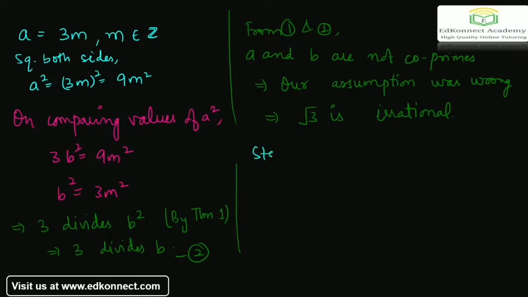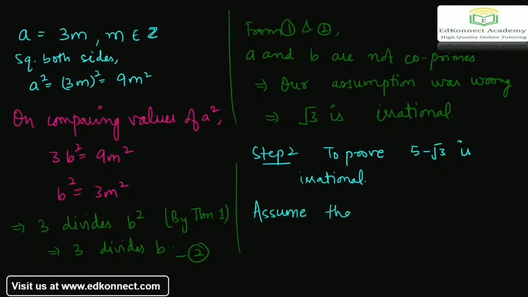Now let's go to step 2. We have to prove 5 minus root 3 is irrational. So now again by contradiction method, assume that 5 minus root 3 is rational.